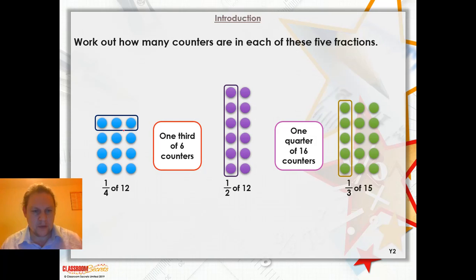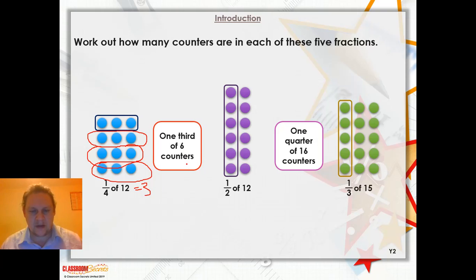So we've got 12 altogether here. We're looking at 1/4. So that's 1/4, 2/4, 3/4, 4/4. How much is 1/4 of 12? 1/4 of 12 equals 3.